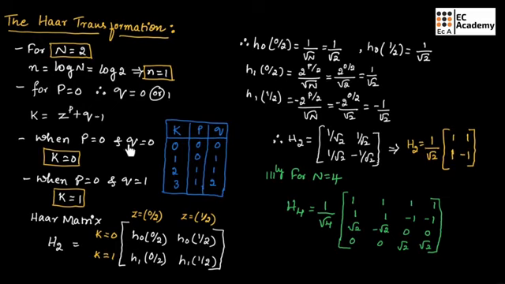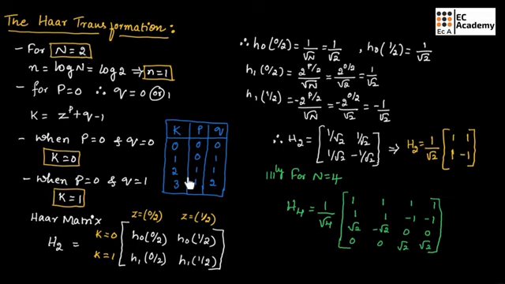When p is equal to 0 and q is equal to 0, if we substitute these values in this equation, we will get k is equal to 0. When p is equal to 0 and q is equal to 1, if we substitute those values in this equation, we will get k is equal to 1. So here we have found two values of k since N is equal to 2. If N is equal to 4, then we need to find 4 values of k.